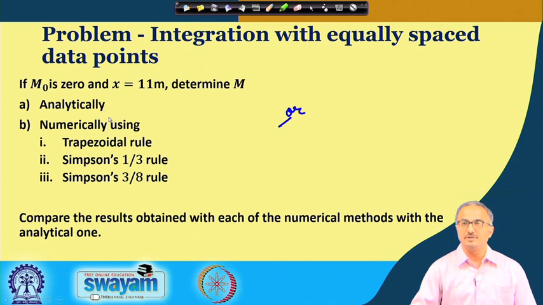So, these are the two things we have to do. We have to find the value of the moment at the end of the beam; it could be some other value too. Here I have listed 3 of the very common ways of doing numerical integration, and we shall look into these 3 and compare their results.